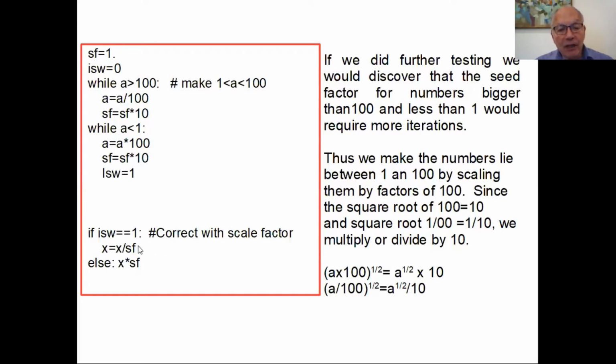And then I either divide or multiply the answer, depending upon what the instruction was here. So the switch here, when set to 1, says that I have to divide in order to get the right answer. If it's not, then I multiply.